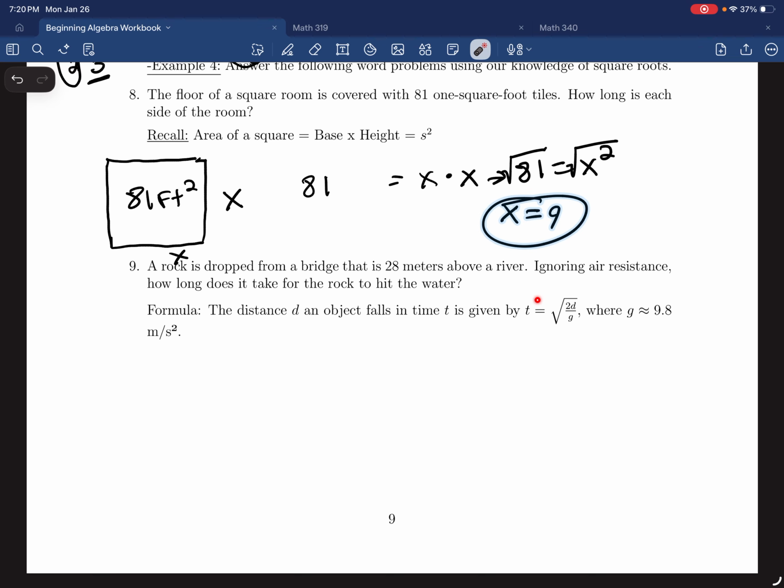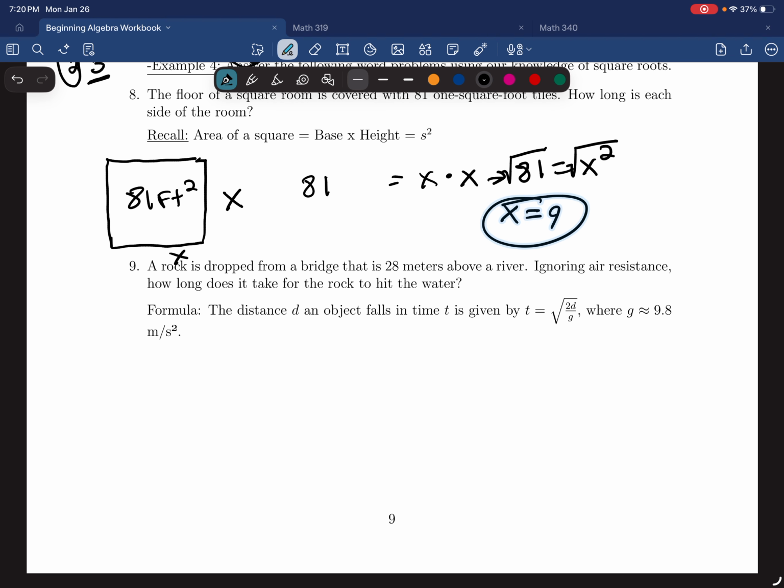So we know that t represents time and d represents our distance. And we're also given this variable g, which represents gravity. And we're also told that gravity is a constant, which is 9.8 meters per second squared.